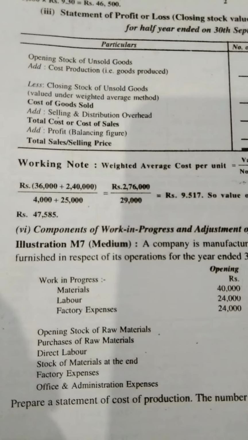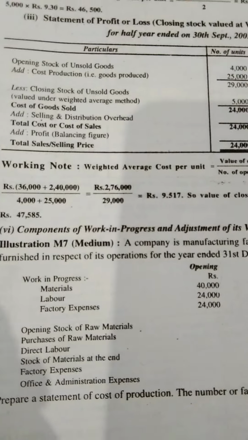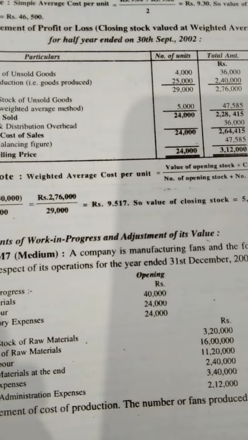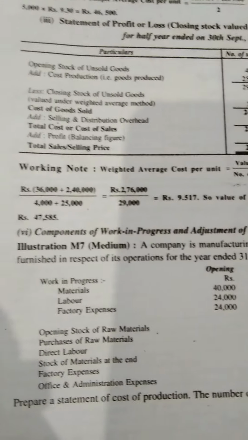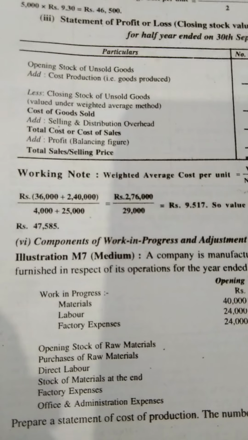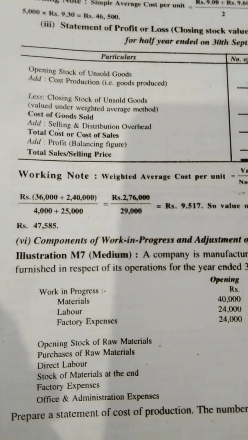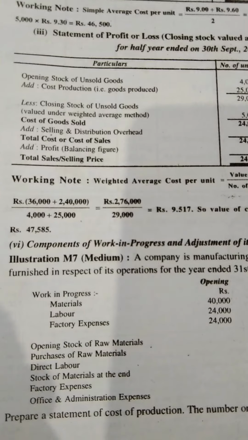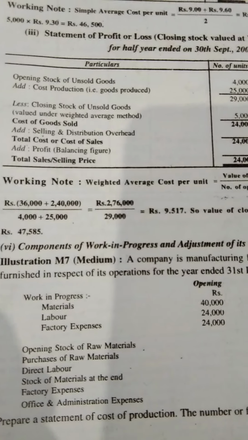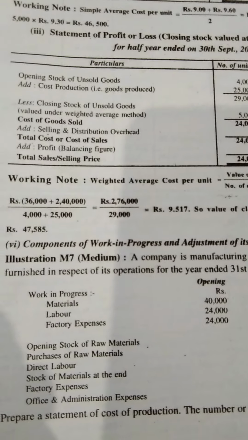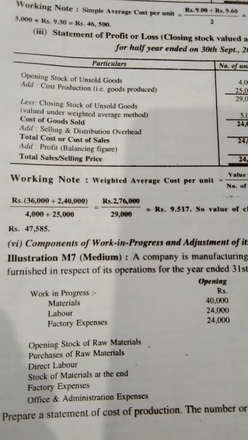Understood? Now we move on to the valuation of closing stock under the weighted average method. Under the weighted average method, it is also very easy. What is the formula? P1 Q1 plus P2 Q2 divided by Q1 plus Q2.